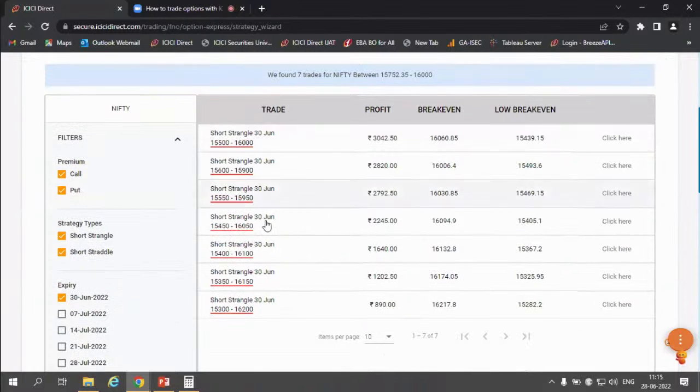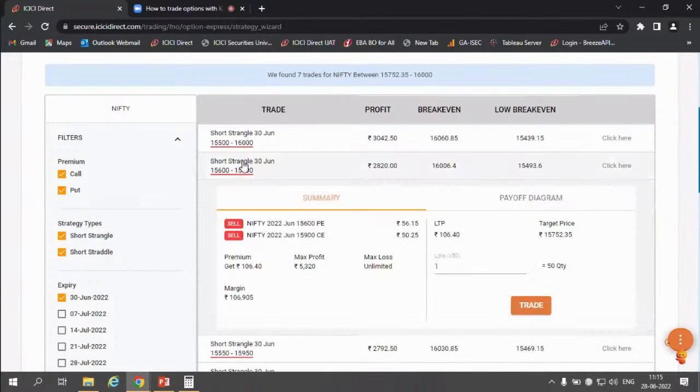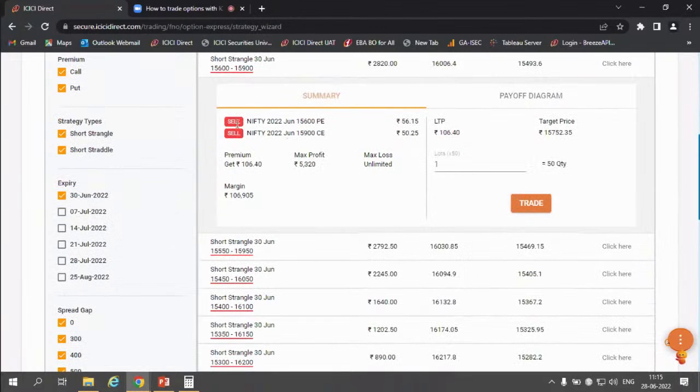So these are the strategies it has given. All you need to do is just click on the short strangle or straddle that it has given you. All you need to do is just go and sell 15,600 and 15,900 short strangle, and the maximum profit that you're going to make is like 5,320.